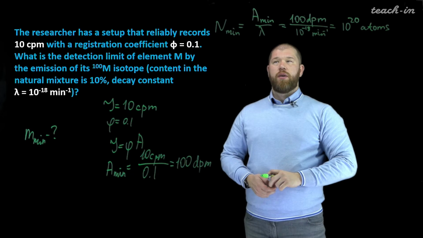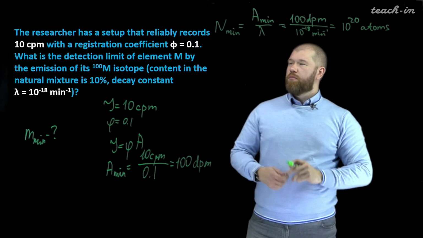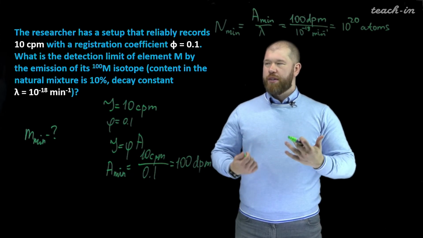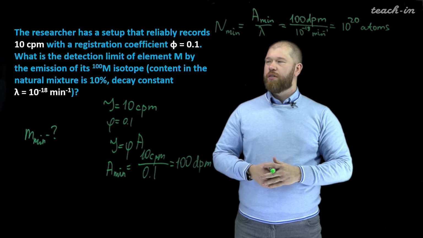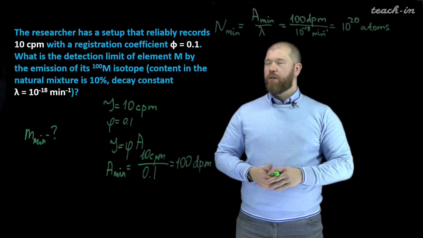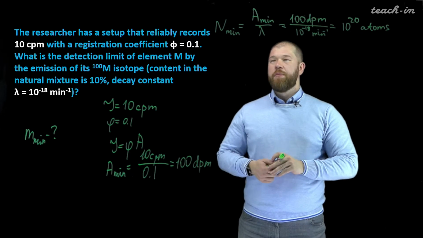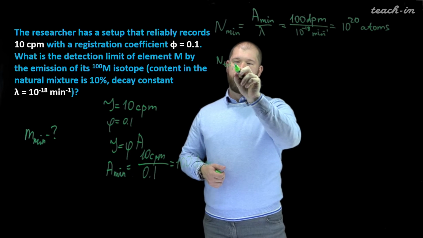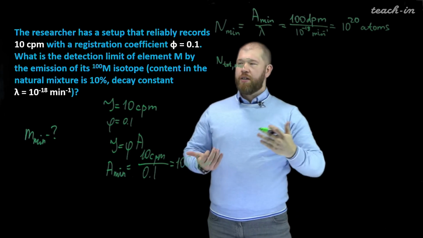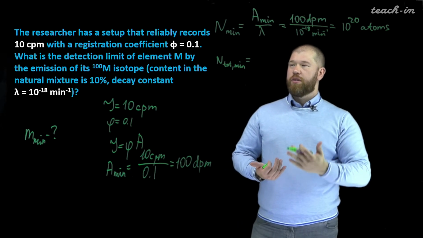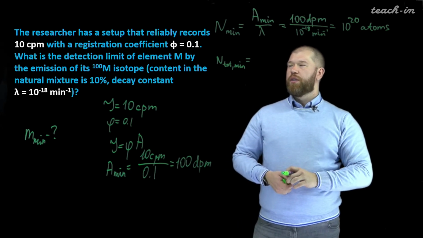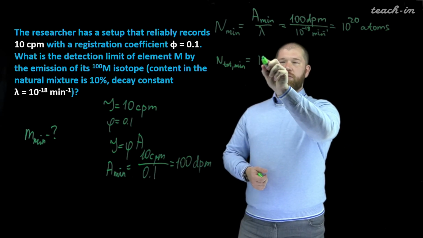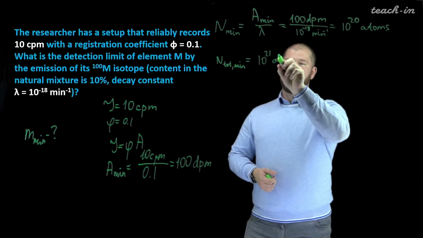Then we know that this isotope with the mass 100 is only 10% of the total content of the naturally occurring element M. And thus the total minimum number of atoms will be 10 times larger than the minimum amount of the isotope 100. So it will be 10 to 21 atoms.